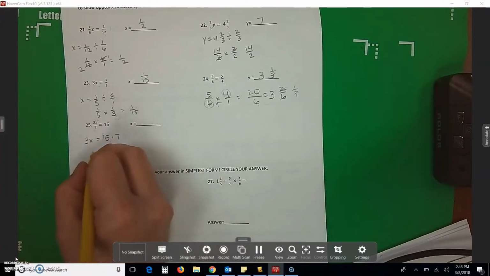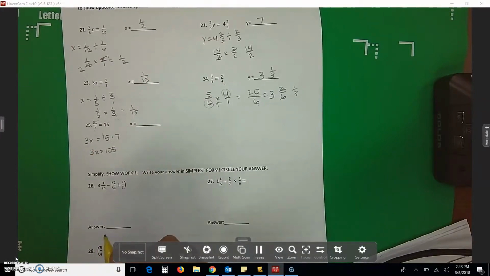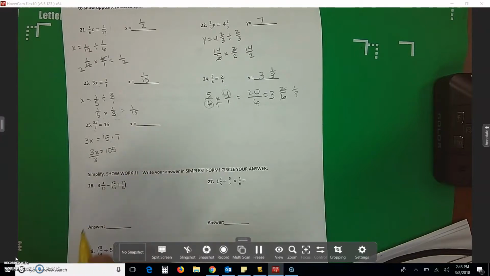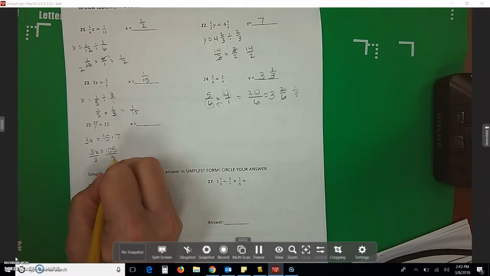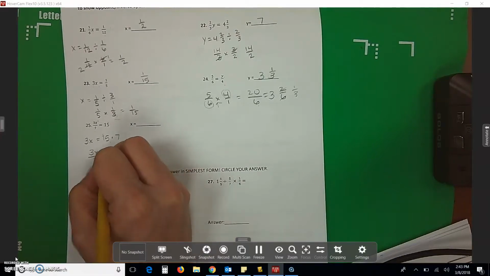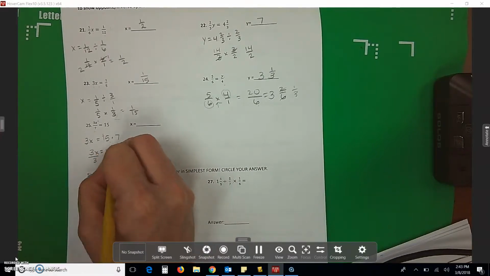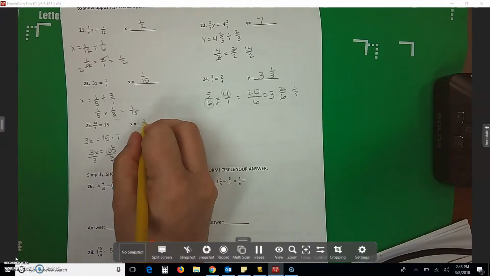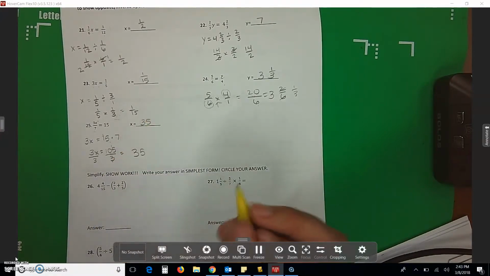So we've got 3x equals 105. Then we have to divorce by division. 3 goes into 10 3 times with 1 left over. 3 goes into 15 5 times, and it's an even number, so x equals 35.